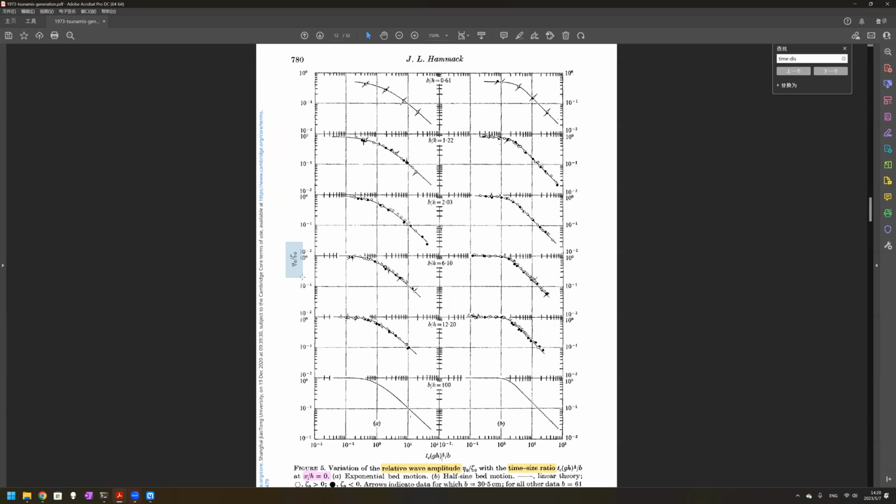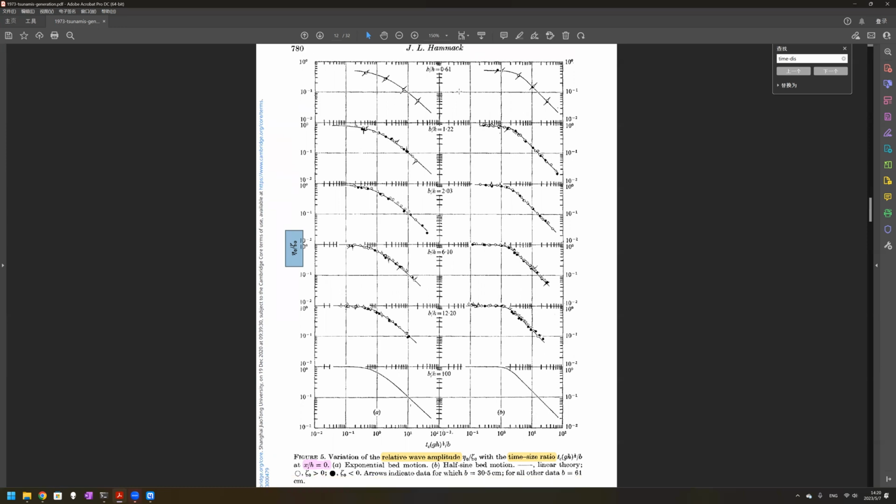This is the response. Eta naught is the amplitude of the free sea surface, showing how the response relates to the total bed elevation amplitude. The straight line here is the linear theory, and the dots are observed in experiments. We can see that it's a very good fit.